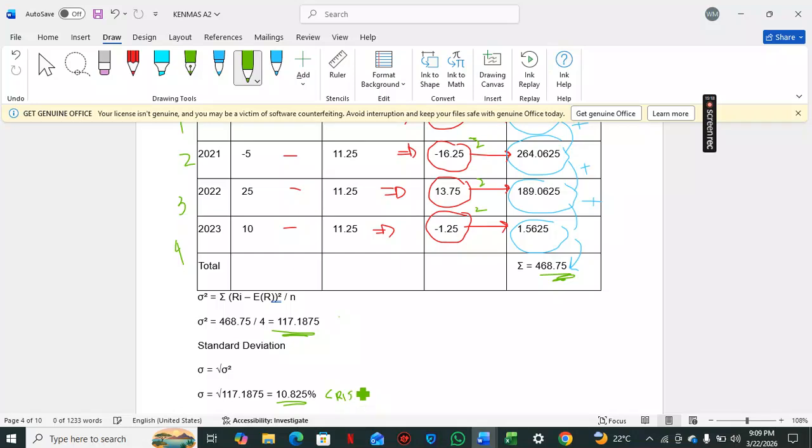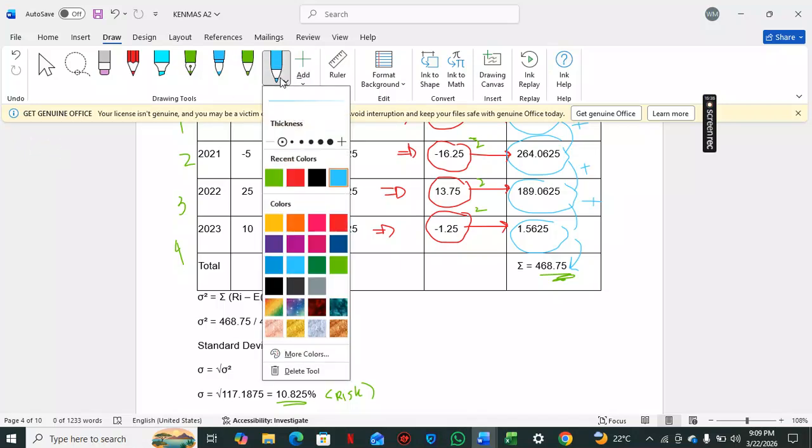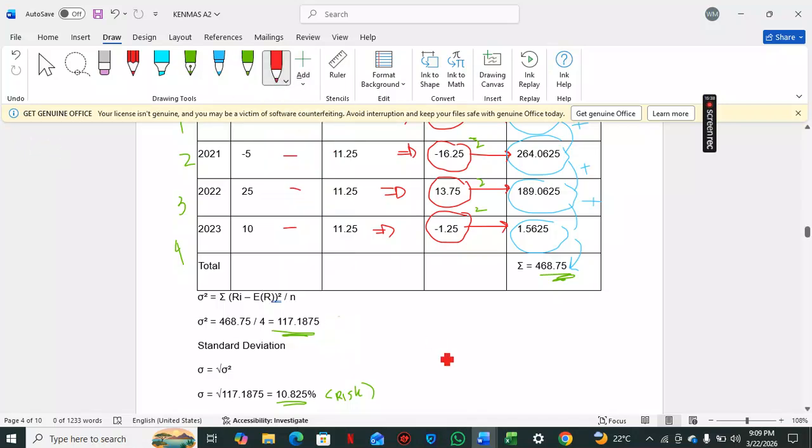Any questions? So how we can visualize this, because we always have to visualize these things, colleagues. This is how you can visualize it.